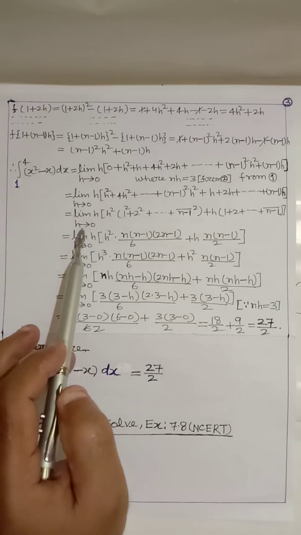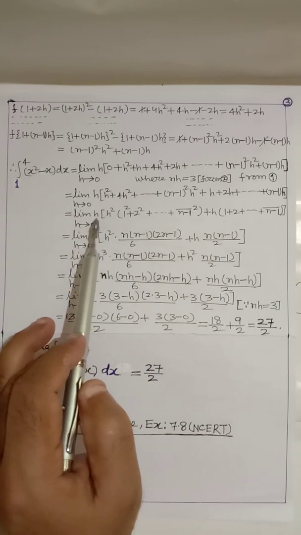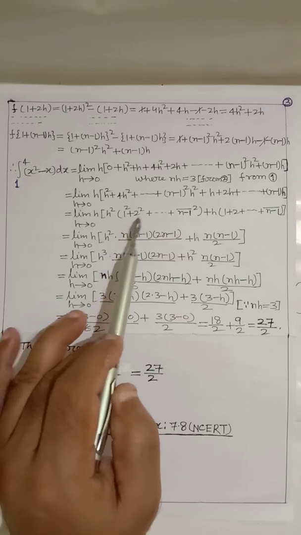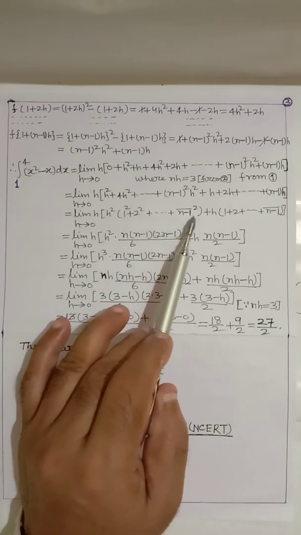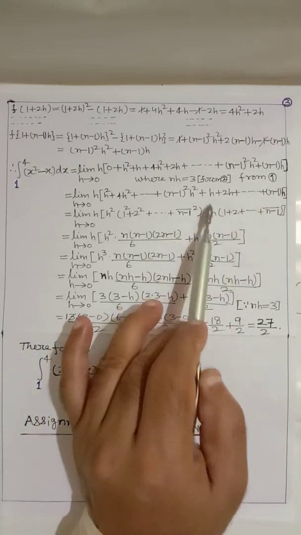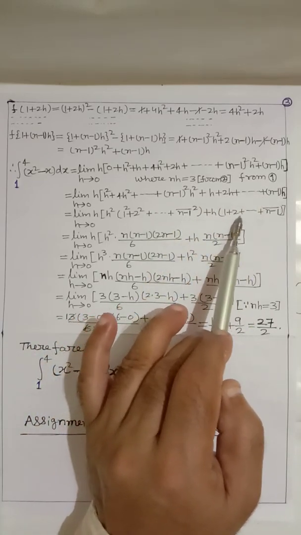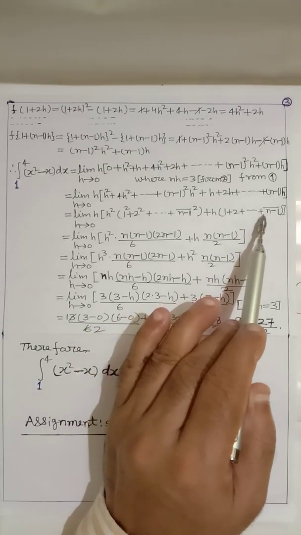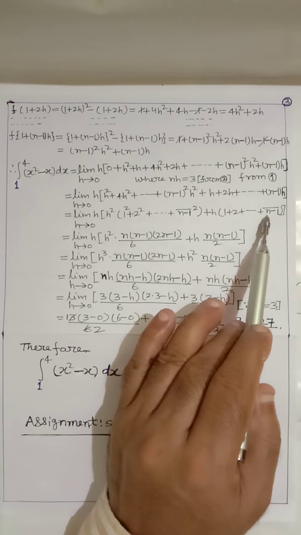We get limit h tends to 0 of h into [h square into 1 plus 1 square plus 2 square plus and so on plus n minus 1 whole square, plus here we have taken h common, we get 1 plus 2 plus and so on plus n minus 1].